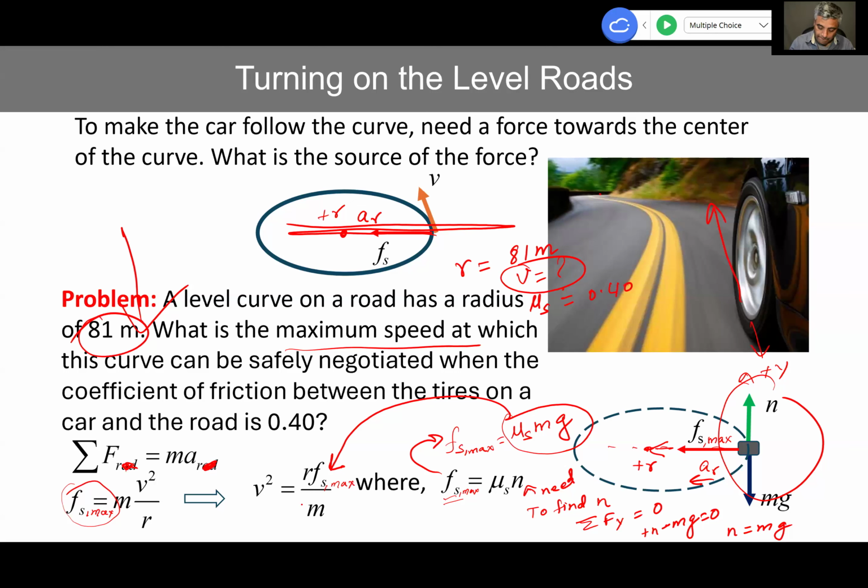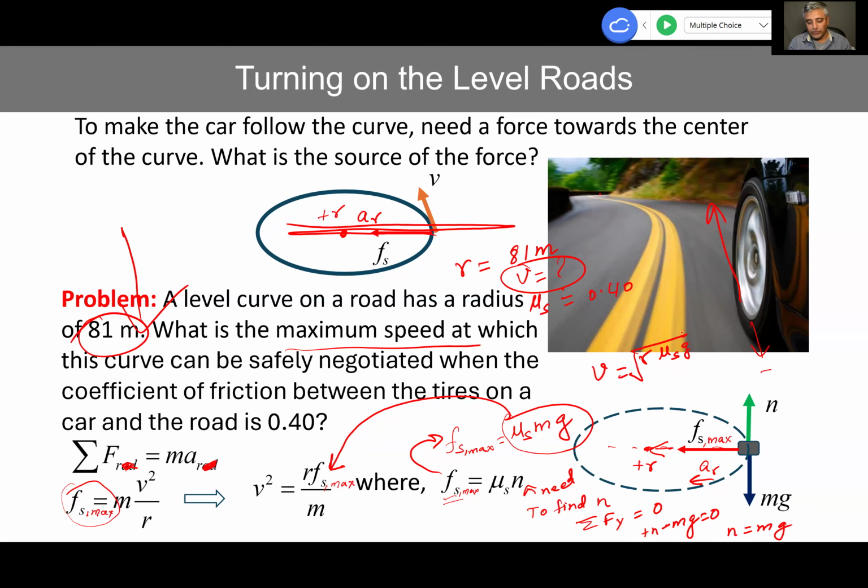So let's see how that equation is going to look. Mass is going to cancel. So V should be the square root of R times the friction coefficient times g, because mass cancels, and there is mass in the bottom. Mass cancels means just that.